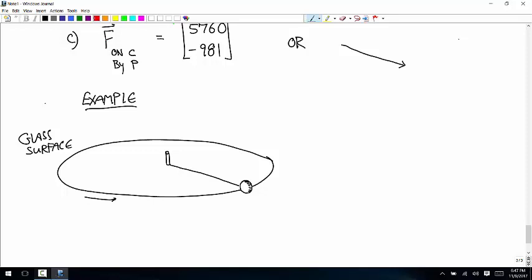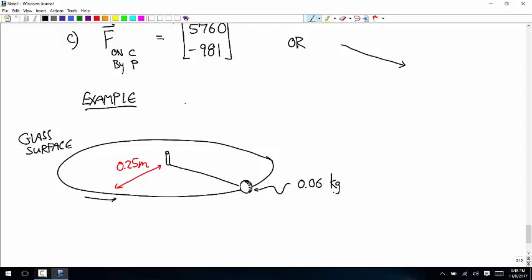And let's say that the radius of this circle is 0.25 meters. The mass of the ball is 0.06 kilograms. That's 60 grams.